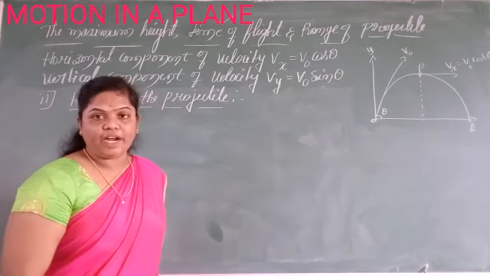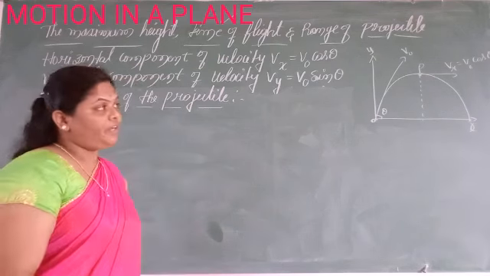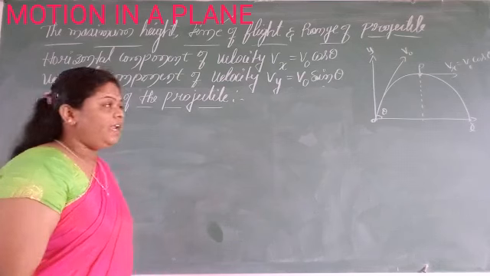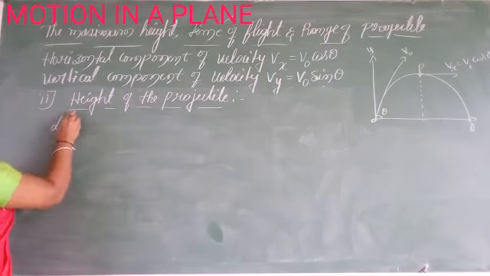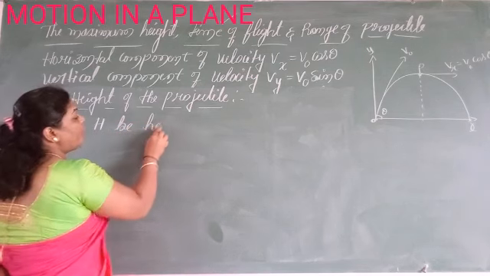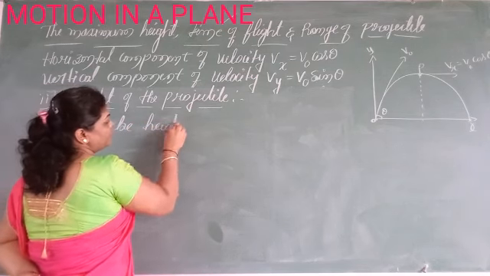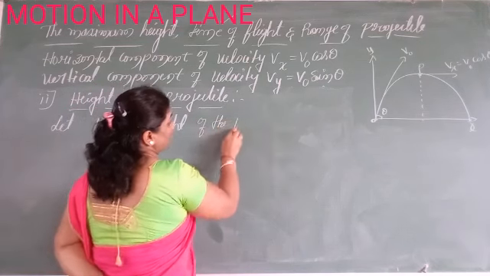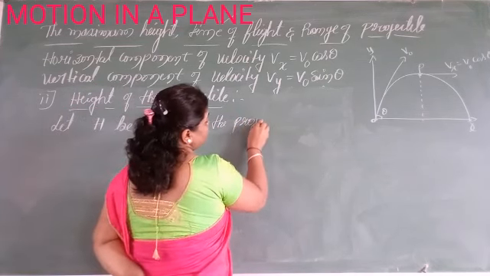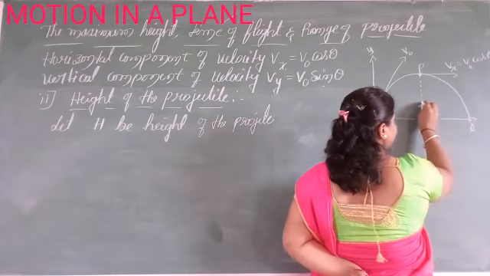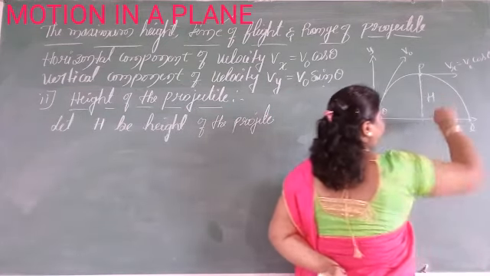The maximum height reached by the projectile from the ground is called the height of the projectile. Let h be the height of the projectile. See the figure, so this is the height of the projectile.